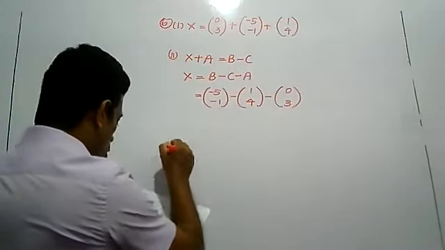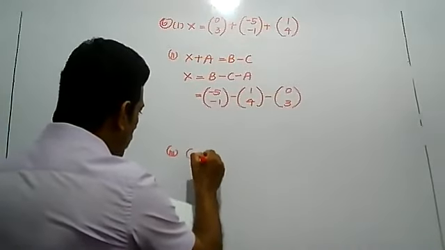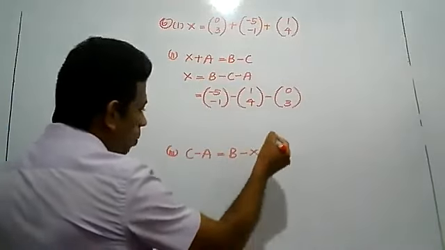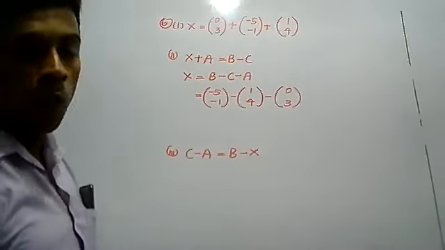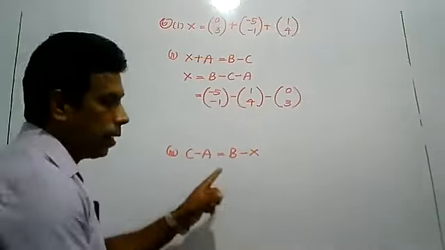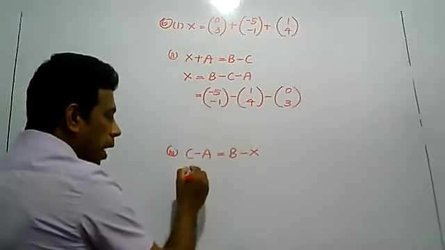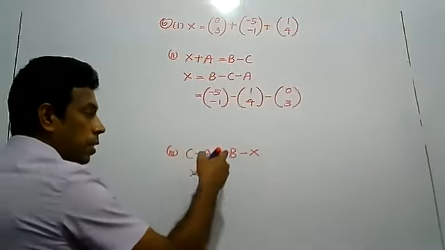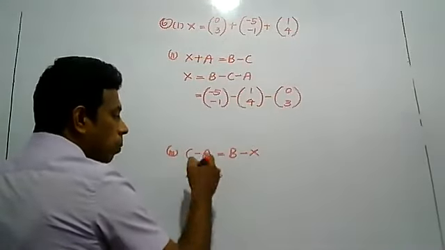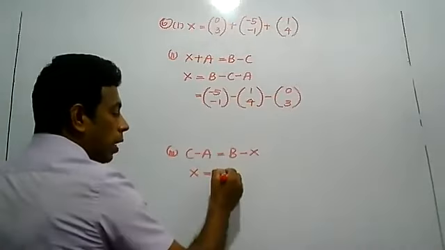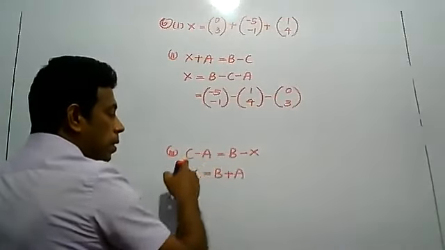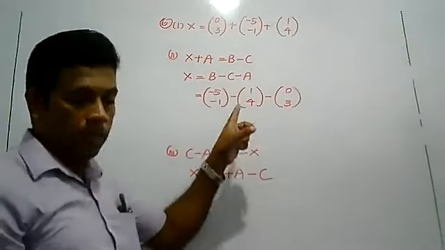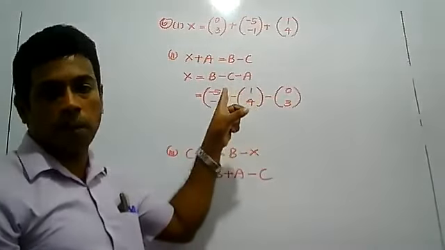Third part, we want to find C minus A equal B minus X. We want to make X the subject. So minus X I will take to the left hand side, then minus X becomes plus X. Here B, minus A taken to the right becomes plus A, plus C taken to the right becomes minus C. If you want to find x, we have to make x the subject.